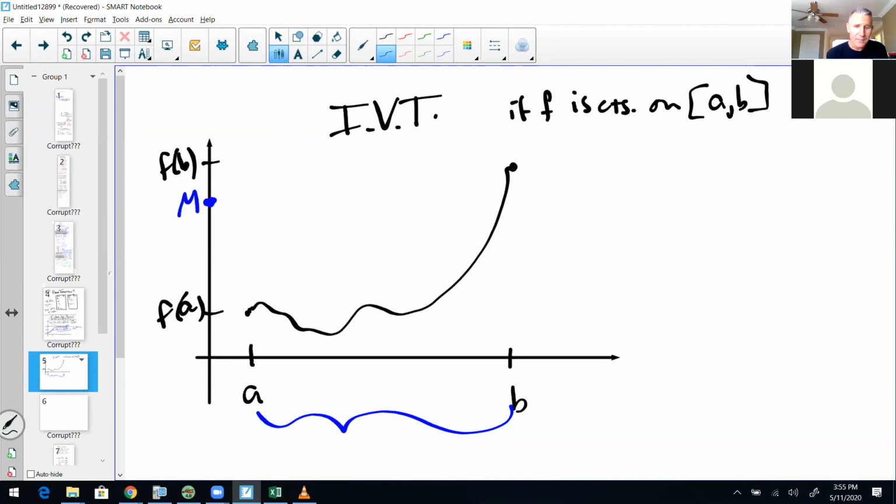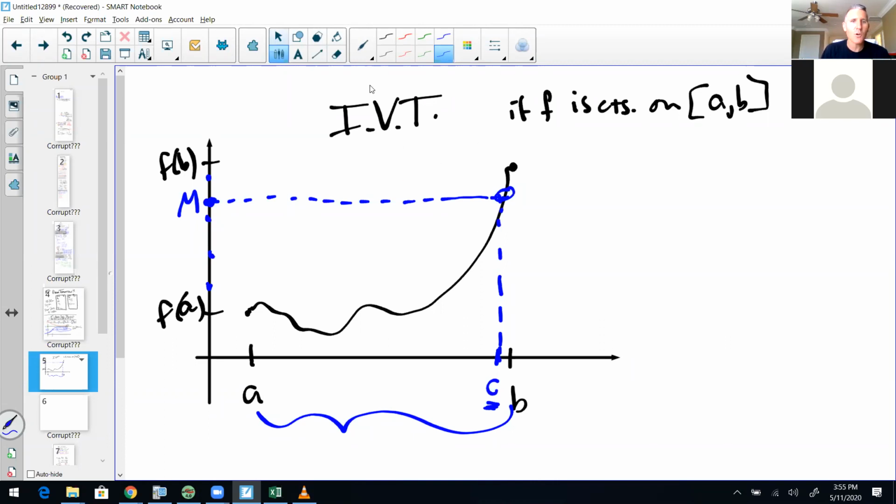So no matter what point you choose in between f of a and f of b, we're calling it this guy, you go over, and where it hits, that x value has to be in between a and b. That's what the intermediate value theorem says. So this is a graphical representation of what the intermediate value theorem says.